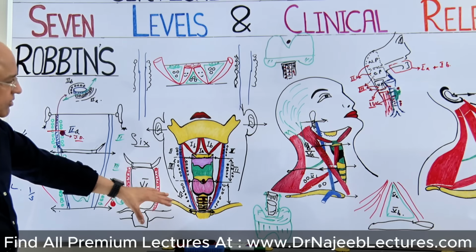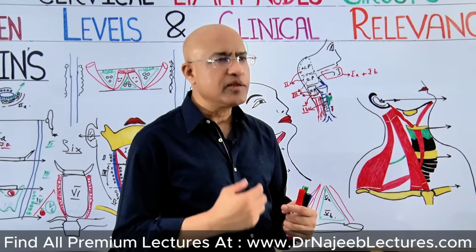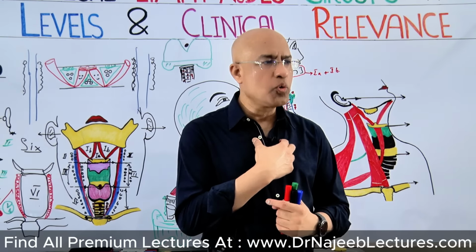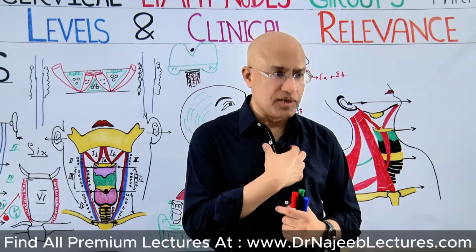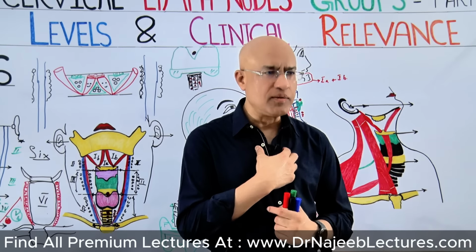After level 6, we come to the last level, which is level 7. That is basically lymph nodes placed in the superior mediastinum. Superior mediastinum means that it is posterior to the, what is this?